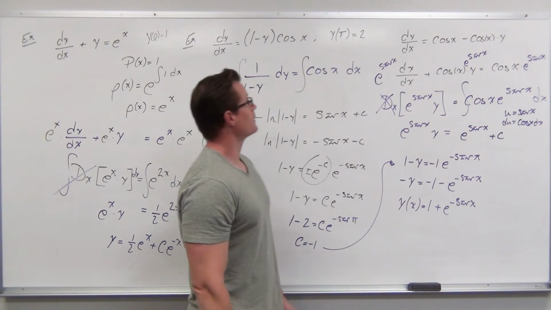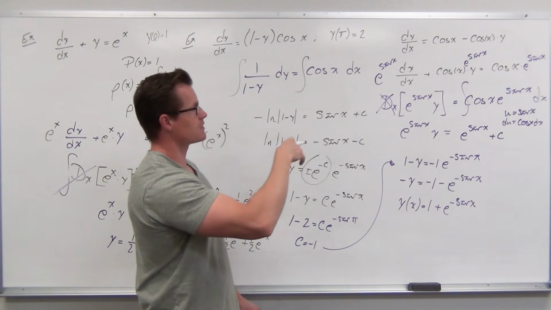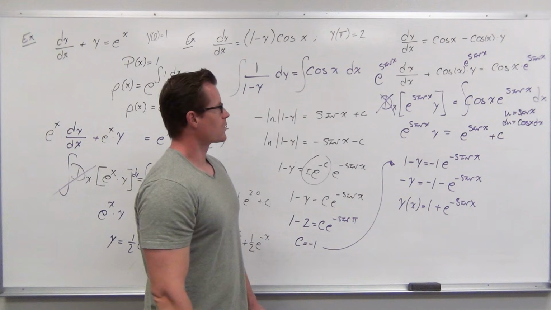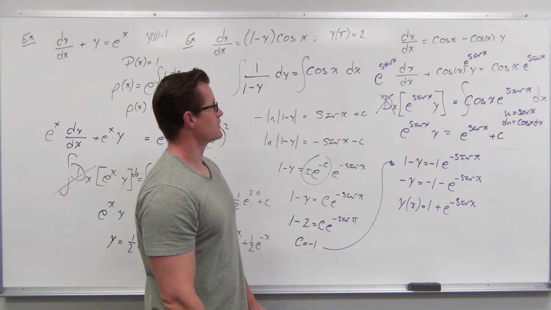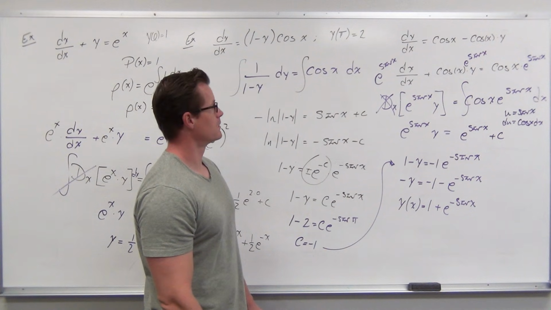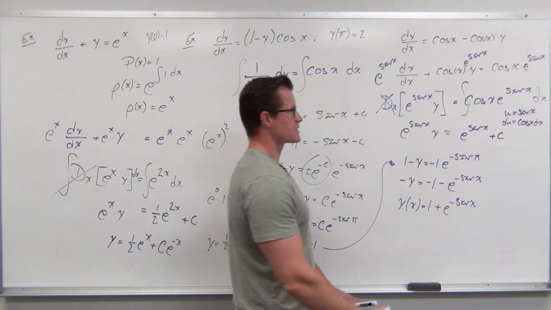And we would plug in our pi for x and our 2 for y, and we would get that this would equal, let's see, 1 times 2 minus 1. Let's see, c would equal 1. So c would equal 1 here.